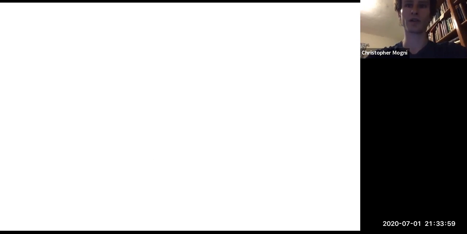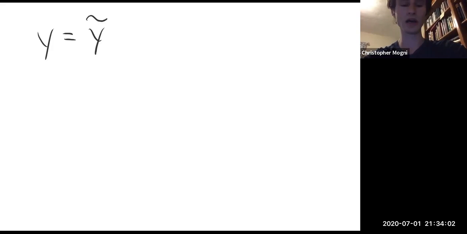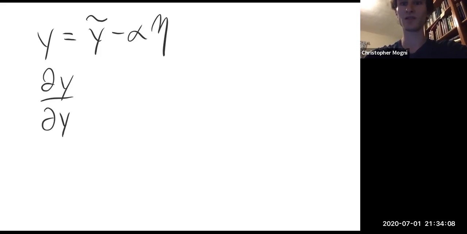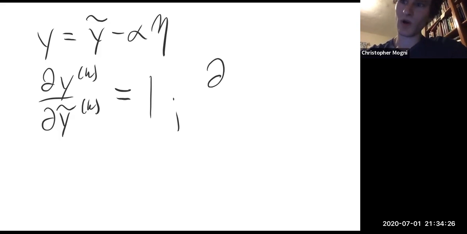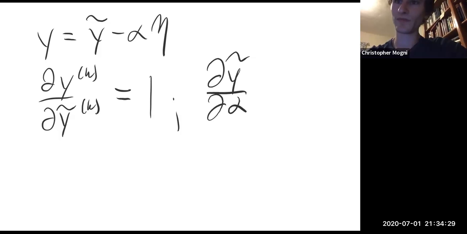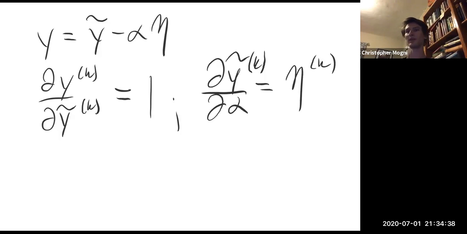Cool. So y is equal to y tilde minus alpha eta, which means that dy/dy tilde and its kth derivatives is equal to, oops, not 0, my mistake, it's equal to 1. That's a simple derivative to take. dy tilde/d alpha is just equal to eta, and so that means that its kth derivative is equal to eta_k, because that's what's showing up in front of alpha, and the y bit drops out.